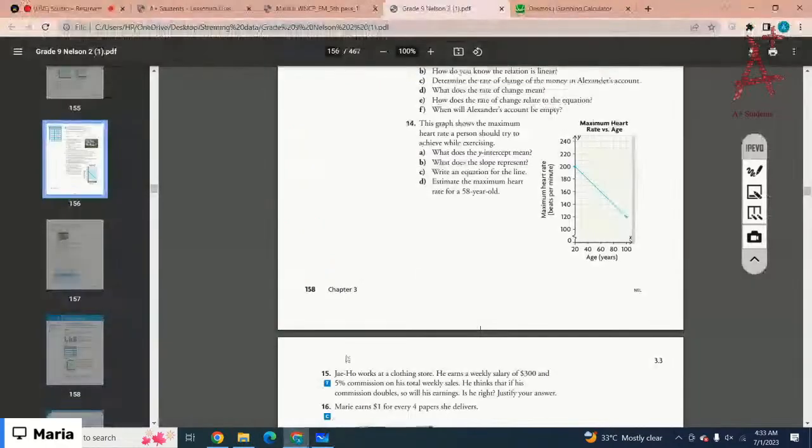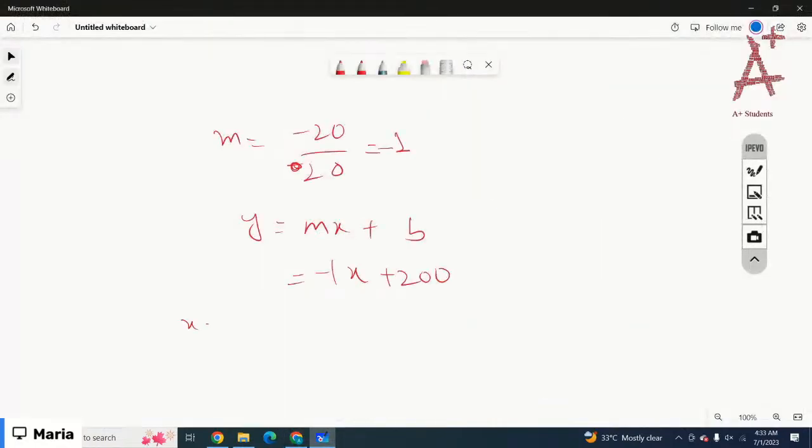Okay, the next one is estimate the maximum heart rate for a 58 year old. Just replace the x with 58. y equals negative 1 times 58 plus 200. It would be 142. That means the heart rate of a 58 year old is 142.